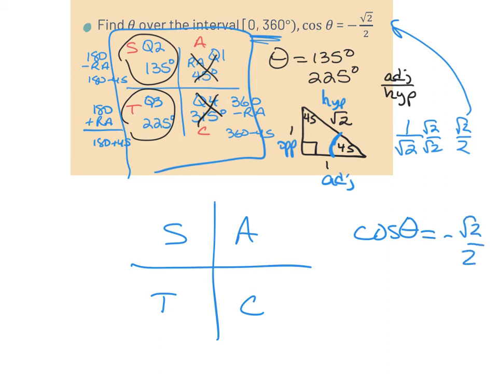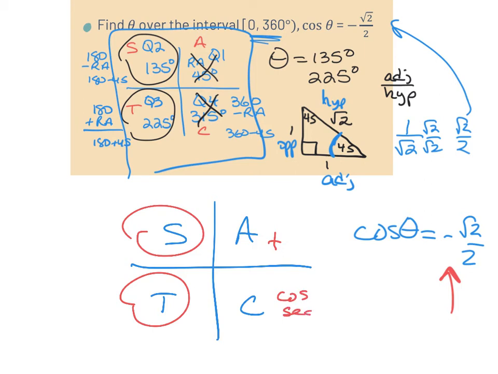So what I'm doing is looking to see which ones cosine is negative in, and cosine is negative here and here, because all are positive here, and cosine and secant are positive here. So that's how I knew to throw those two away and only keep 2 and 3. That make sense? Mm-hmm.